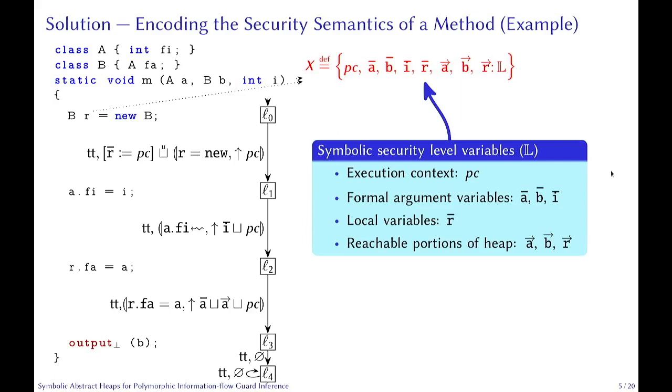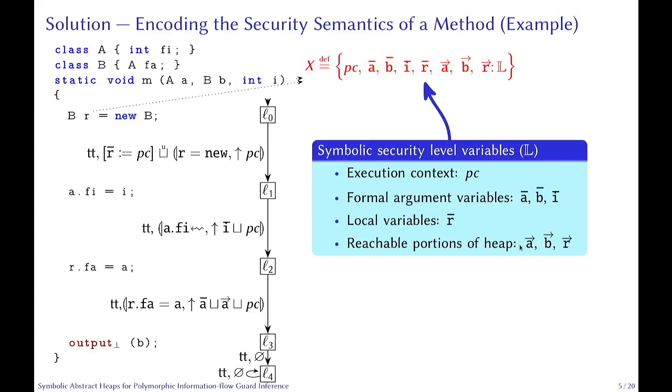We have the security levels for the execution context, the formal arguments and the local variables distinctly, whether they are primitive variables or reference variables, doesn't matter here. It's just the same. And we have notations to encode the security level of every object that is reachable from any of the reference variables.